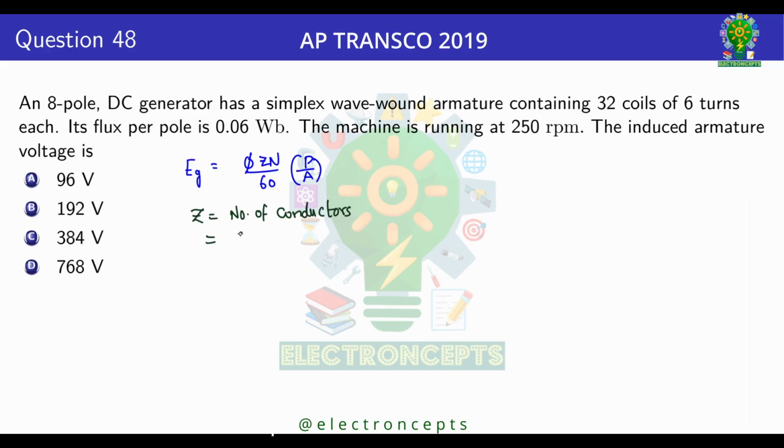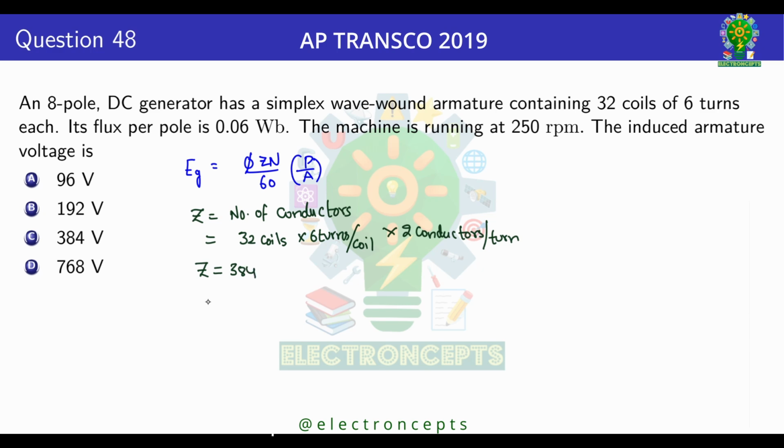which is equal to 32 coils into 6 turns per coil into 2 conductors per turn. Calculating this, we get the value of Z as 384.